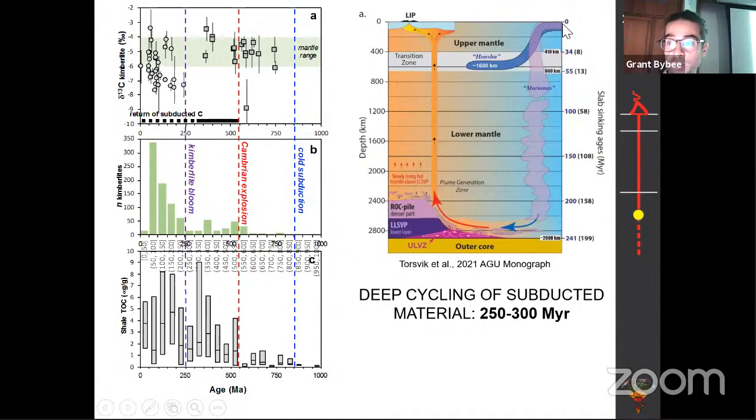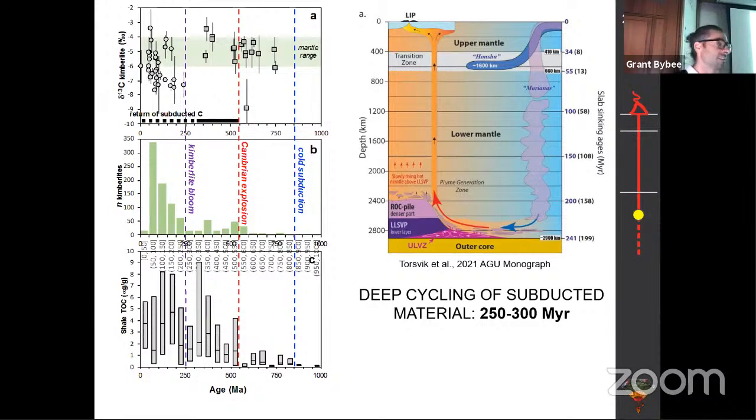These charts essentially show that once you take into account the time that subducted slabs take to travel all the way from the surface to the core-mantle boundary, that is 150 to 200 million years, plus the time that subducted slabs take to travel along the core-mantle boundary, which is another 20, 30 at least million years, plus another 20 or so million years that mantle plumes take to travel all the way up from the core-mantle boundary to the surface after sampling some potentially subducted crustal material, well, the overall time that you get is 250 to 300 million years.